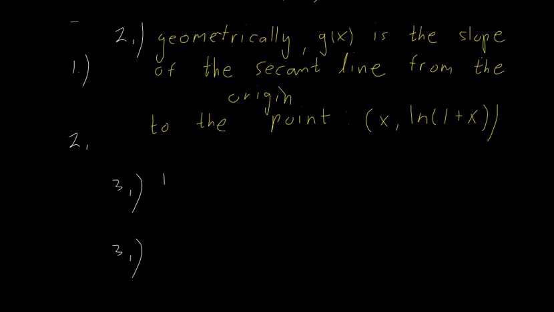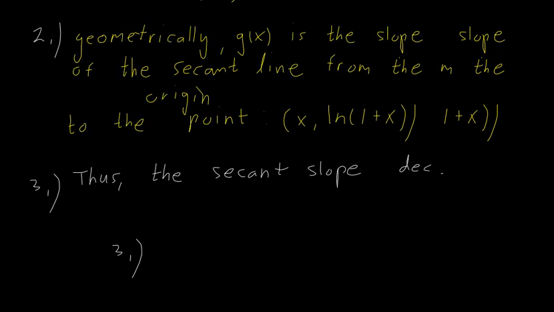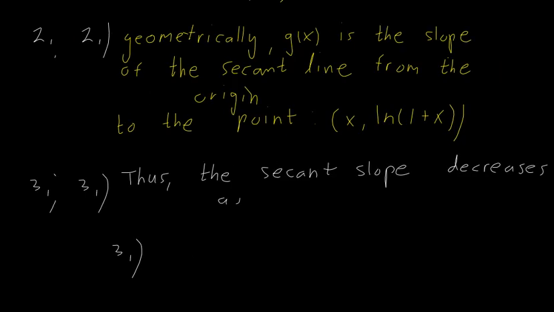So thus the secant slope decreases as the point moves right.